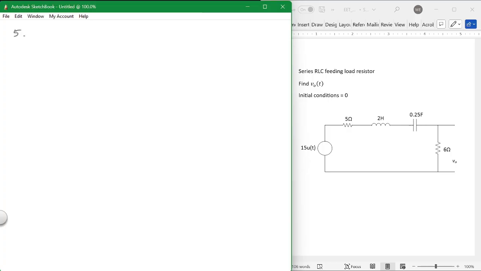Voltage divider, but you basically can write this straight out without having to do any 1 over 1 over rules, because you don't have to combine anything. So this is equal to what? Voltage out is equal to 15 over S times 6 over this whole string, 5 plus 2S plus 4 over S. That's it.